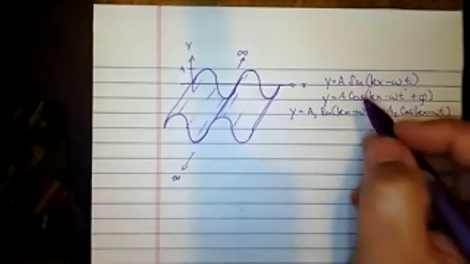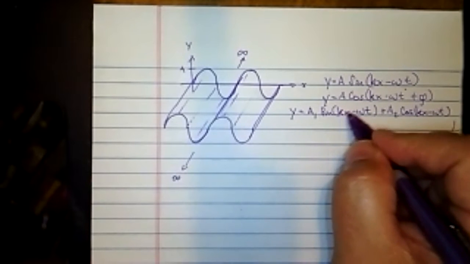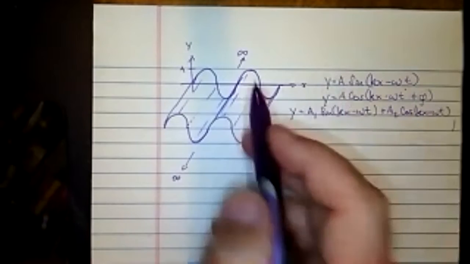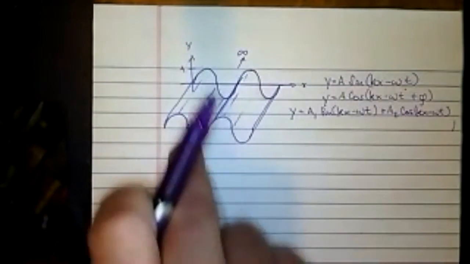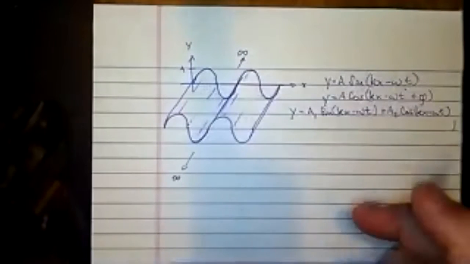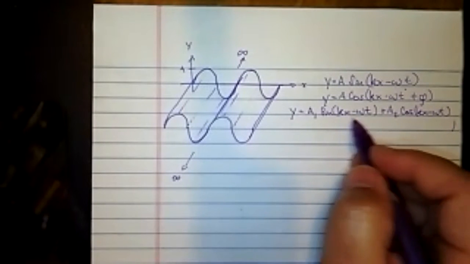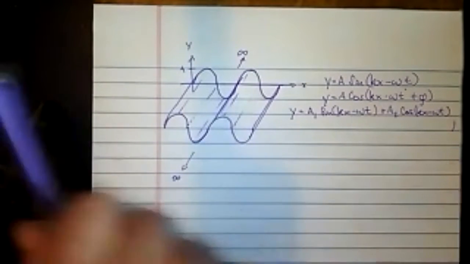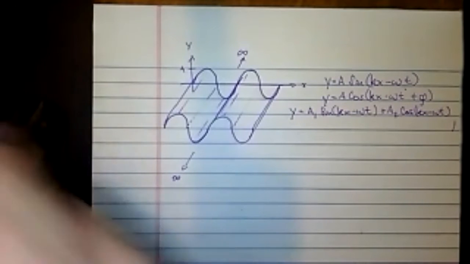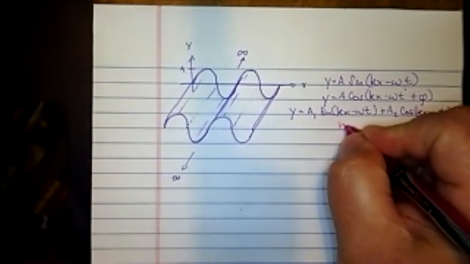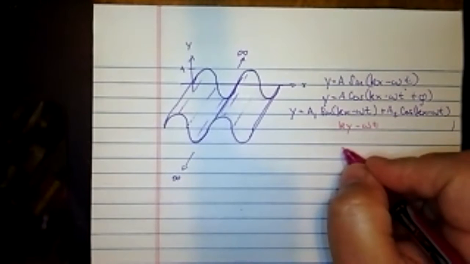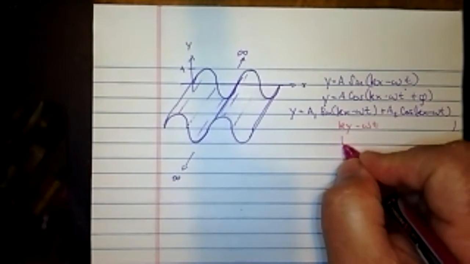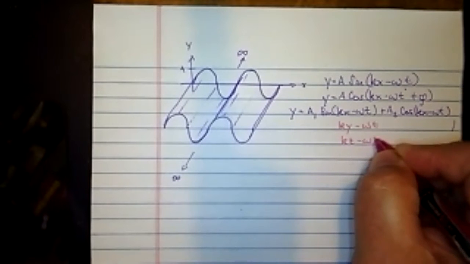Now, the big thing is, in reality, when the wave is traveling along and its oscillations are changing along the x direction, then it's kx minus omega t. If the oscillations were changing along the y direction, it would be ky minus omega t. And if it was changing along the z direction, it'd be kz minus omega t.